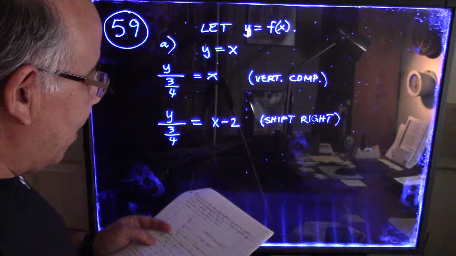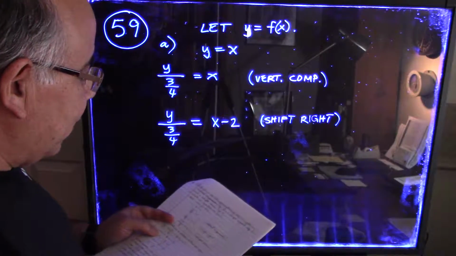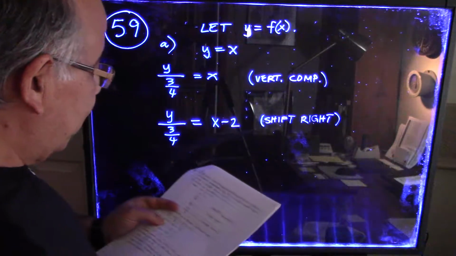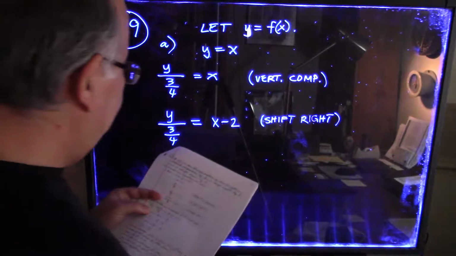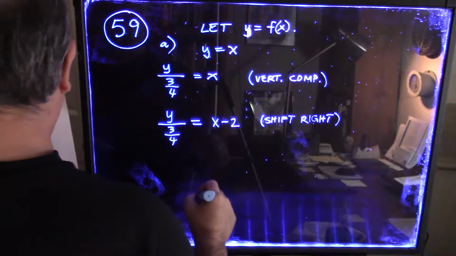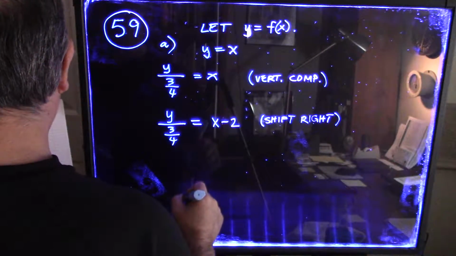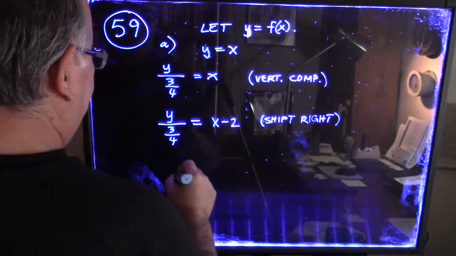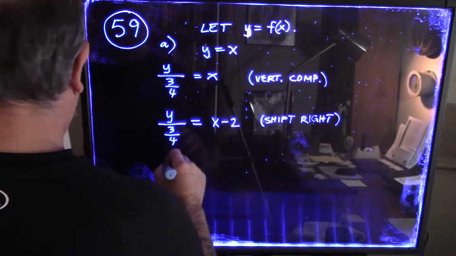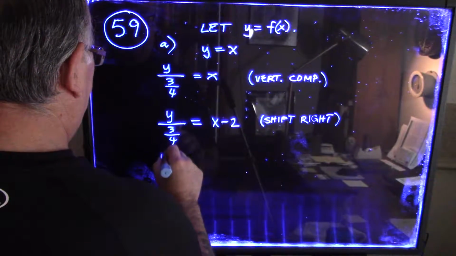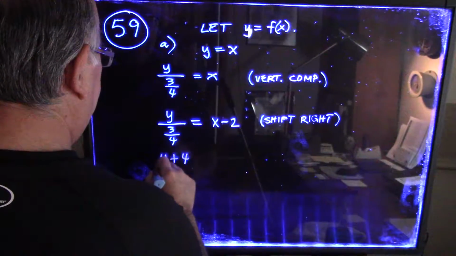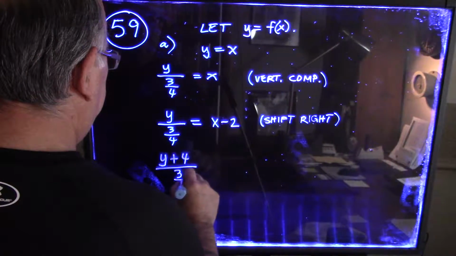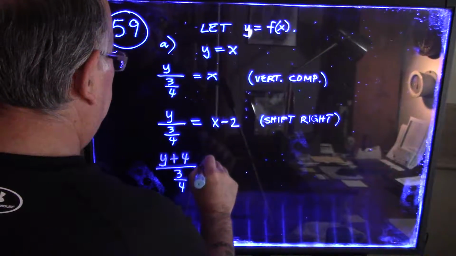And then we have a shift down by 4. So down suggests vertical again. So you're going to put this number next to the y. And it's going to be y minus a -4. Y minus -4, because -4 suggests a downshift. So that becomes y plus 4, minus a negative is plus, like this.